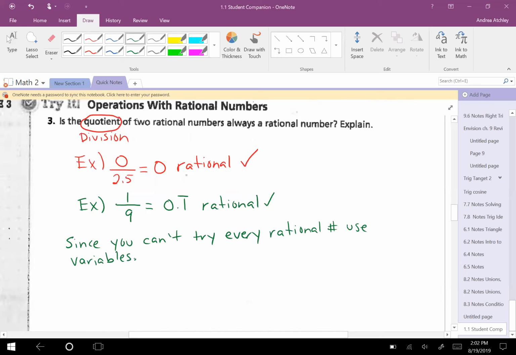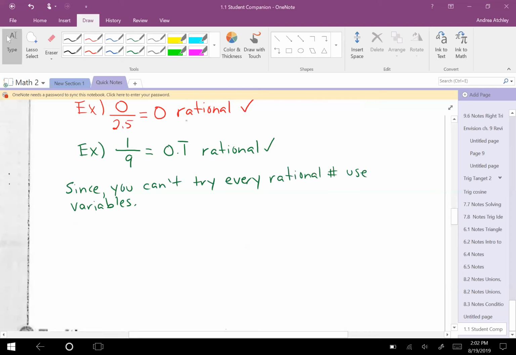Since you can't try every rational number in the world, you're going to use variables. So we're going to say A and B are integers. And A cannot equal 0, and B cannot equal 0. A and B can't be 0 because you can't divide by 0.